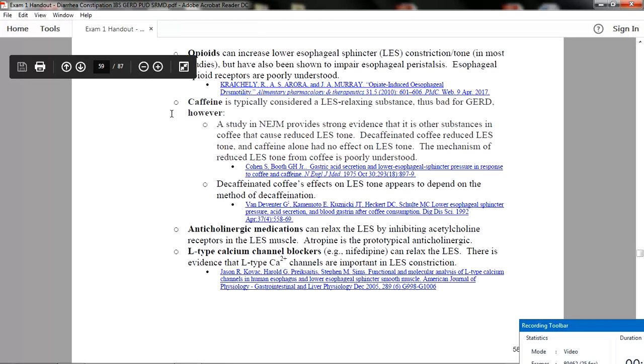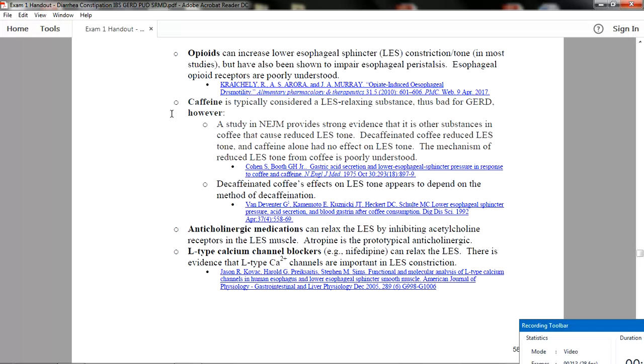Caffeine is typically considered a lower esophageal sphincter relaxing substance, which is bad for GERD. However, I just want to clarify something. While caffeine is considered bad in this case, there was a study in the New England Journal of Medicine that showed it's not the caffeine that's the problem, and that's a misconception that's been going around for a long time.